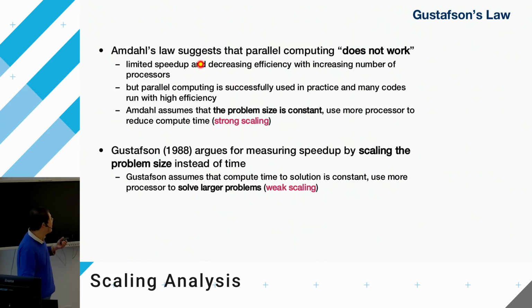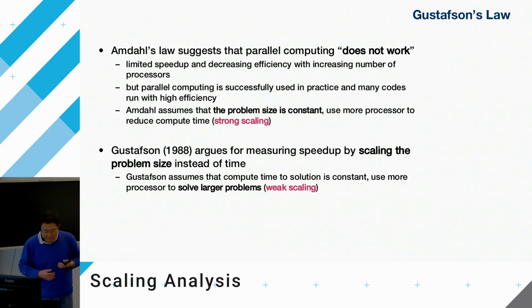So basically, Amdahl's law suggests that parallel computing does not really work. But in reality, parallel computing is very successful in practice. And the problem is because Amdahl's law assumes the problem size is a constant. Yeah, this is the so-called strong scaling.